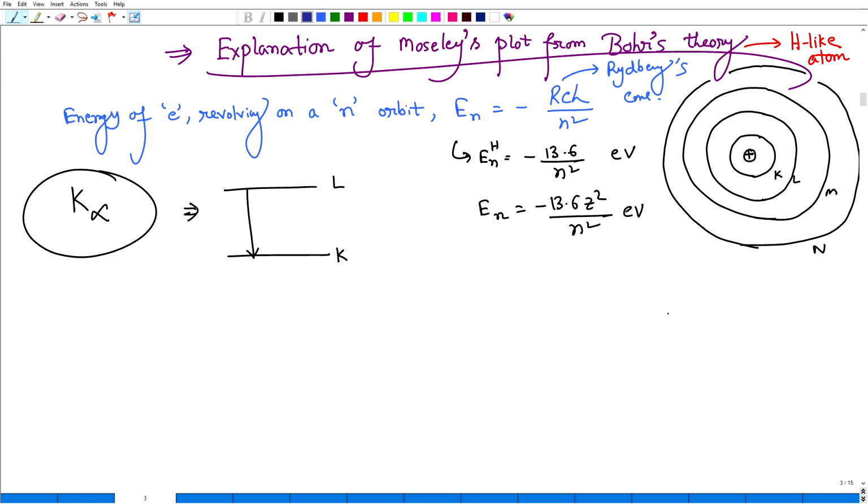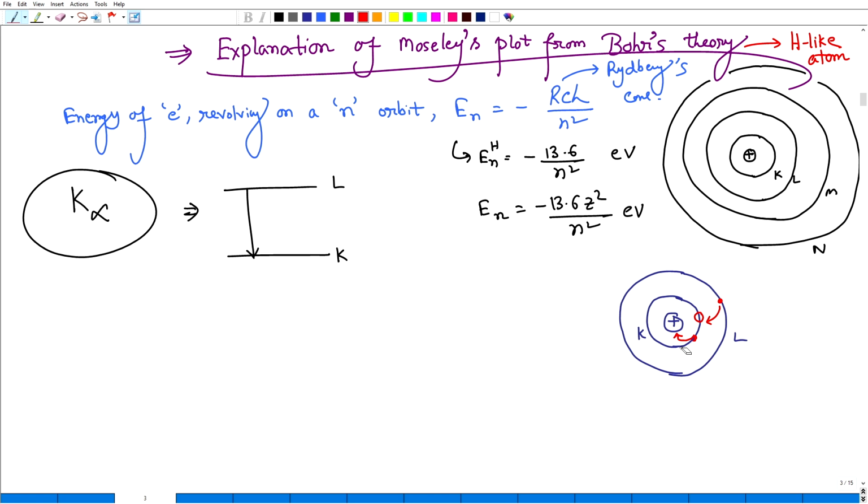If you draw it, we are just focusing on K and L. One electron is still there, one electron is kicked out, and one electron is coming from L to K. Now the K orbit is very close to the nucleus, so we can think that the effective atomic number should be Z minus 1, because there is one negative charge.